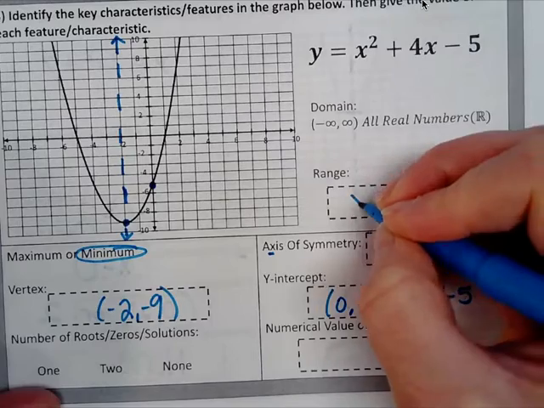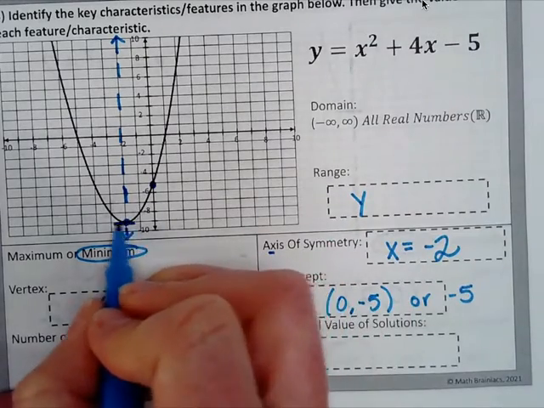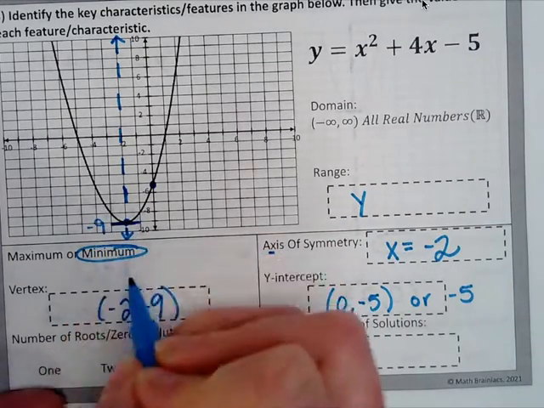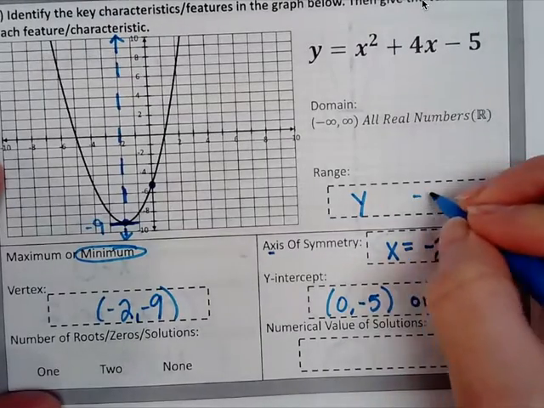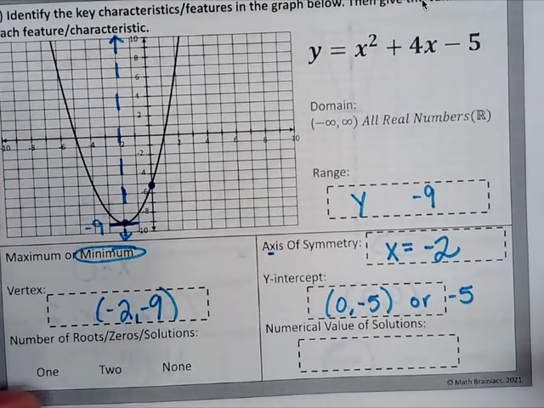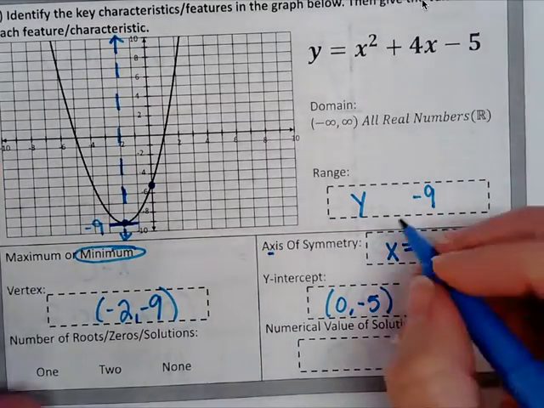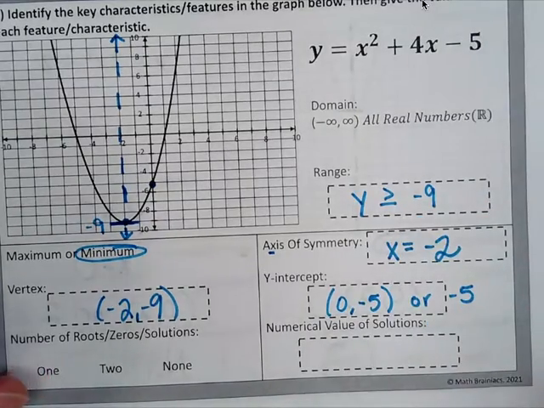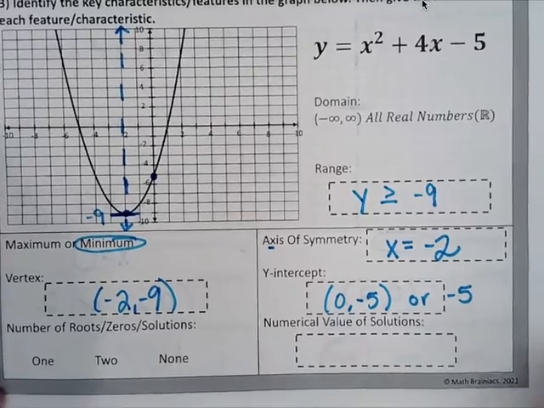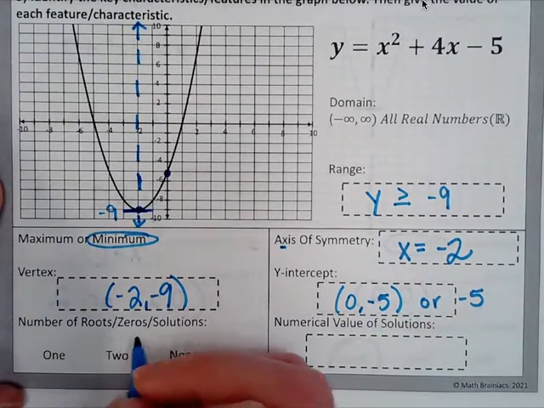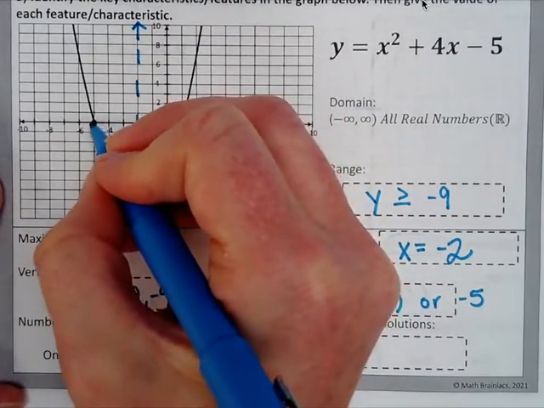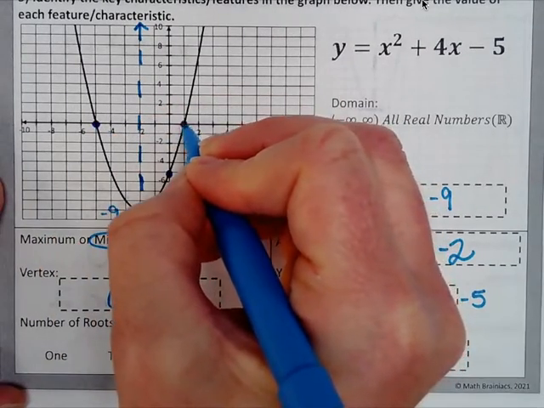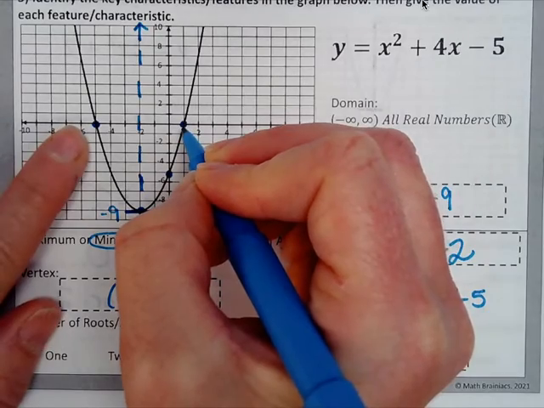The range is your y values. So it starts at -9 and goes up to infinity. So the inequality represents -9 or larger: y is greater than or equal to -9. And then solutions, roots, zeros, those are all the same thing. X-intercepts. So we have one here and one here. So make sure to put your dots on those 2 spots.